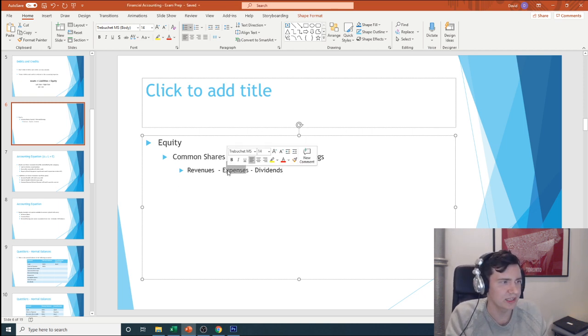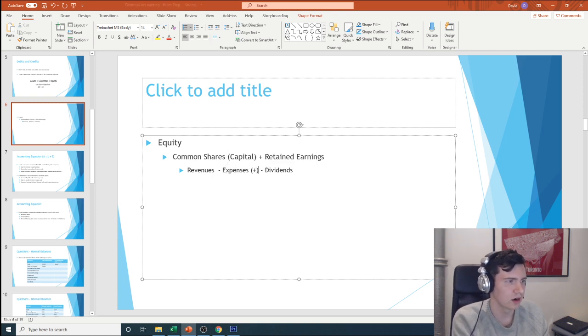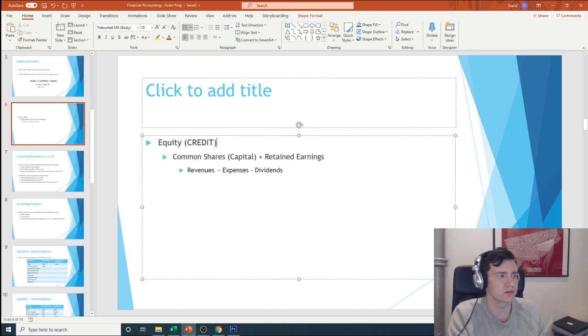So if expenses are increasing, well, the way of looking at it is this: equity has a normal balance of a credit, since we know that the right side is equal to credits. If we have more expenses, that's going to reduce our net income, and our net income being reduced is going to have a negative effect on our retained earnings, and a negative effect on our retained earnings is going to have a negative effect on equity.